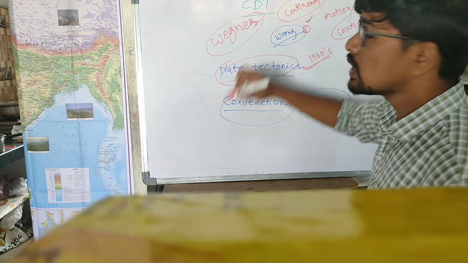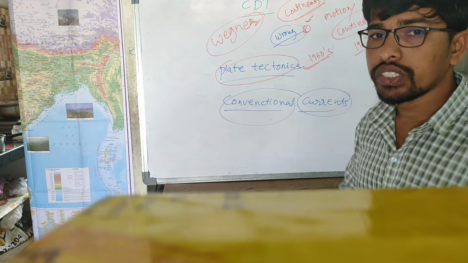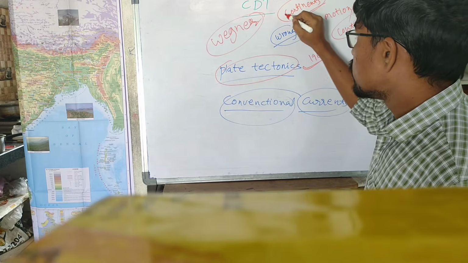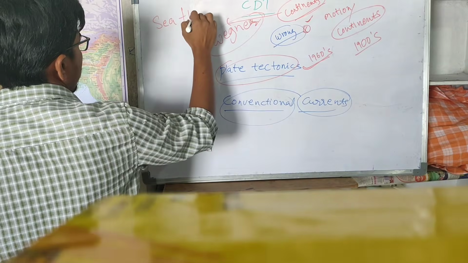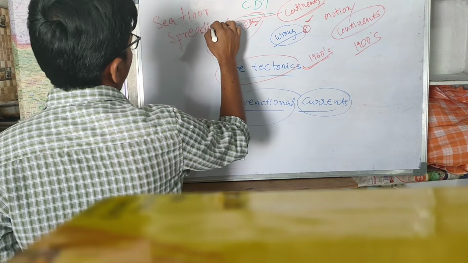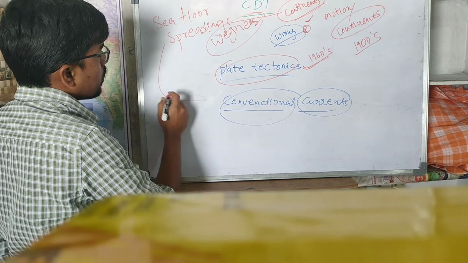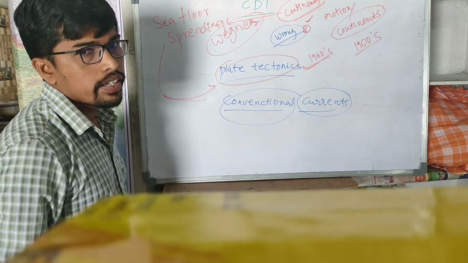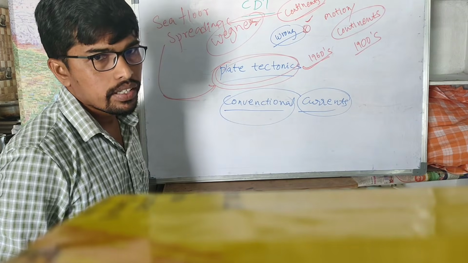They are always drifting and moving away from each other, which later developed towards the seafloor spreading theory and many other theories, and finally gave rise to the grand theory which is acceptable right now, the plate tectonic theory.